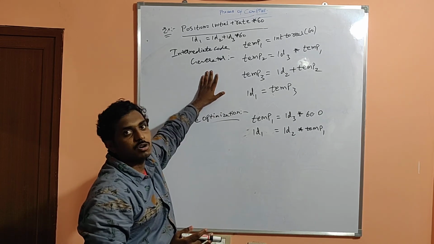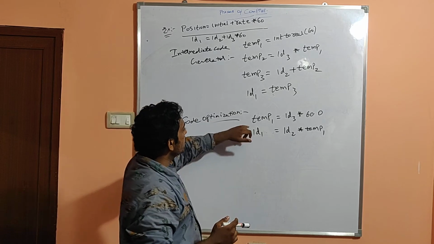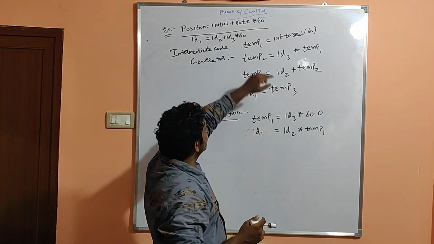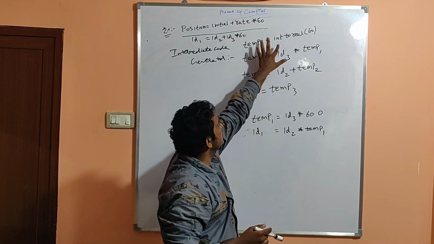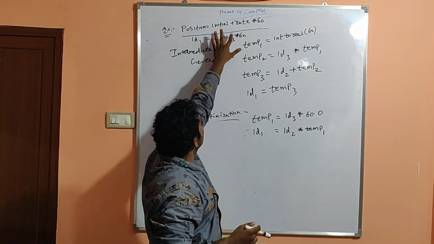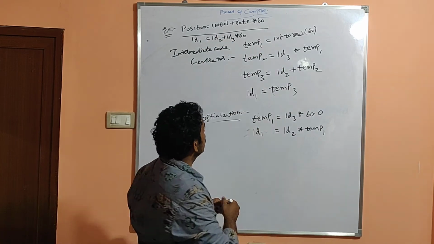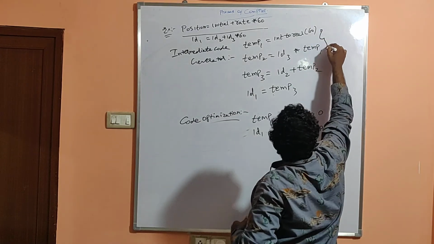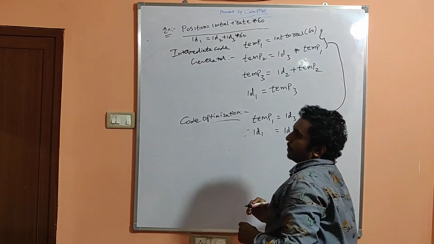In temp1 I have written 60.0 as a float value. This is the first step, and I have taken the id3 rate value. So automatically these two steps equal this one step.